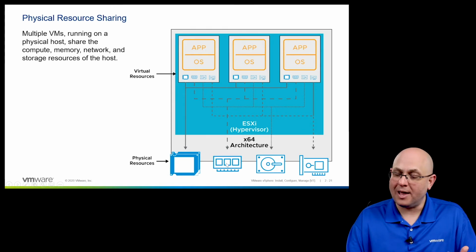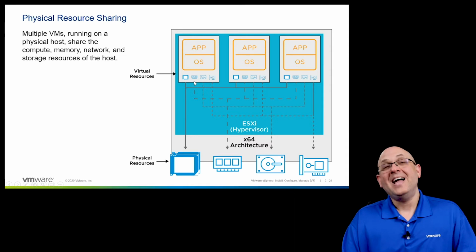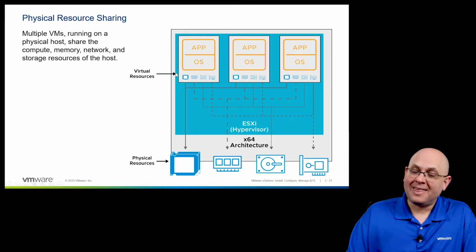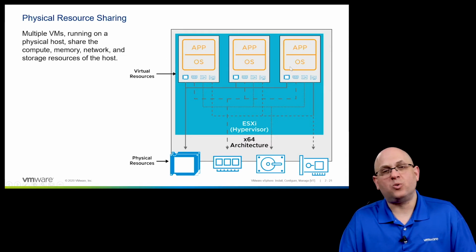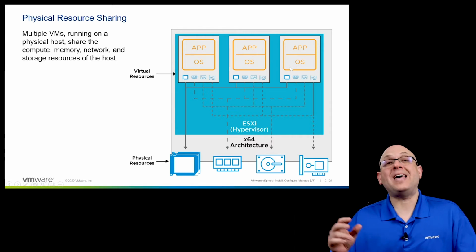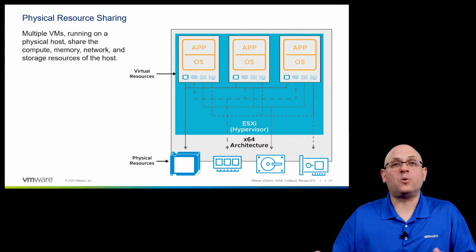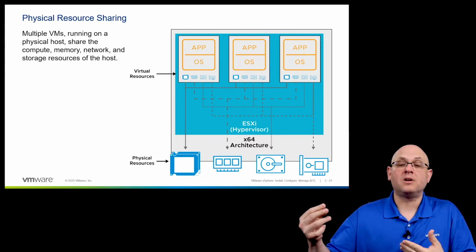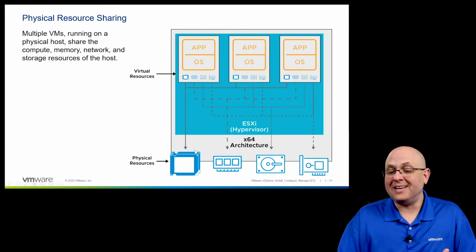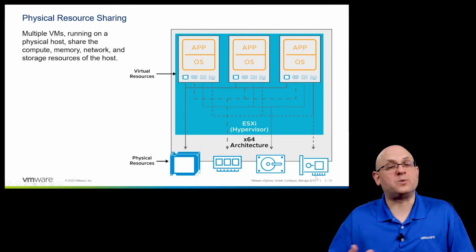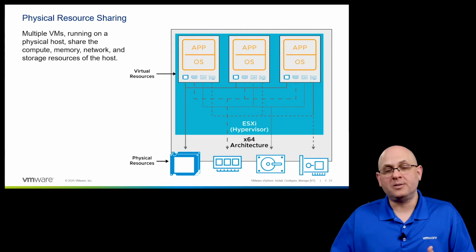A portion of this RAM will be allocated to each virtual machine. It is possible that we create so many virtual machines on a host whose aggregate sum of resources that we allocate to it are greater than the total amount of physical resources available on the host.